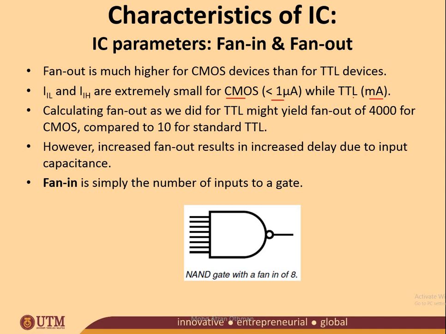So you can see CMOS uses very little current for IIL and IIH. Calculating fan out as we did for TTL might yield a fan out of 4,000 for CMOS, compared to 10 for standard TTL. However, increased fan out results in increased delay due to input capacitance. This is normal because if we have more fan out, we will have more delay.